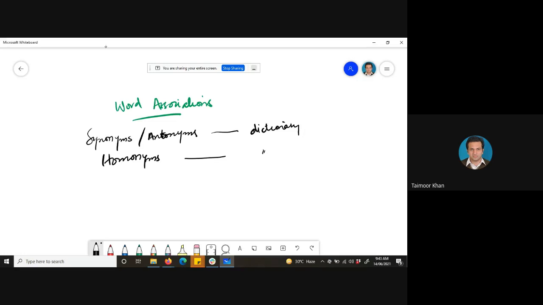Homonyms are the words that have exactly the same spellings, but their meaning is different. ठीक है, so when used in different contexts, we can identify कि यहाँ पे वो किस sense में use हो रहा है. So there are many words that you may think of जिनकी exact spelling एक जैसी है, but they mean different in different scenarios. ठीक है?